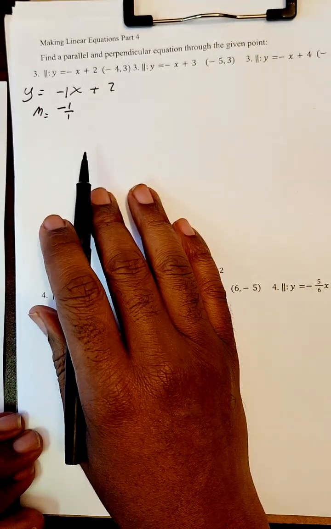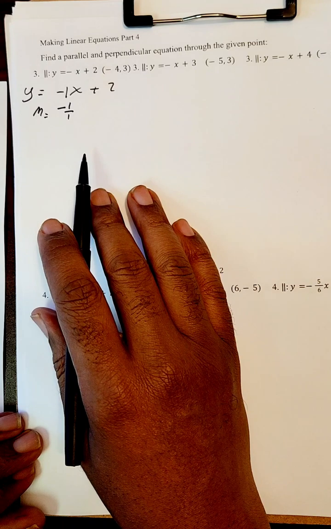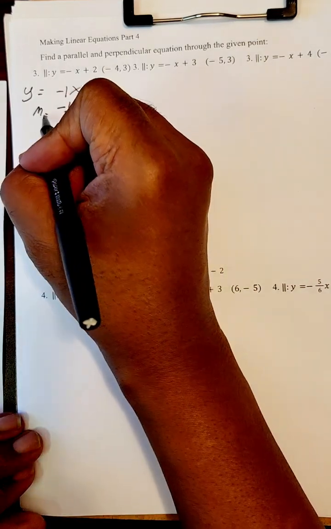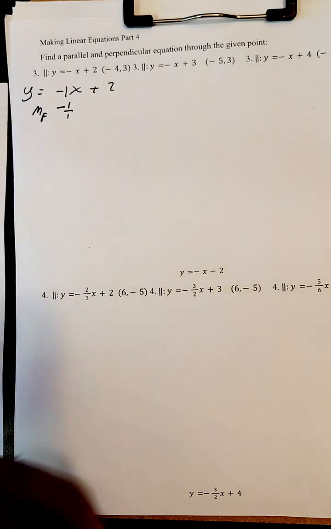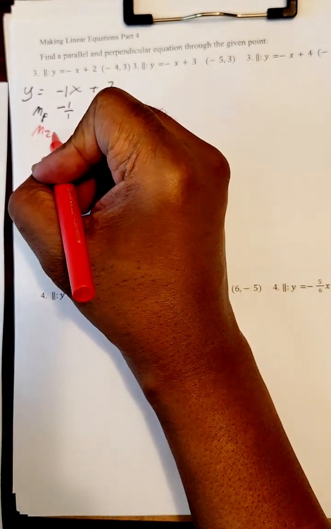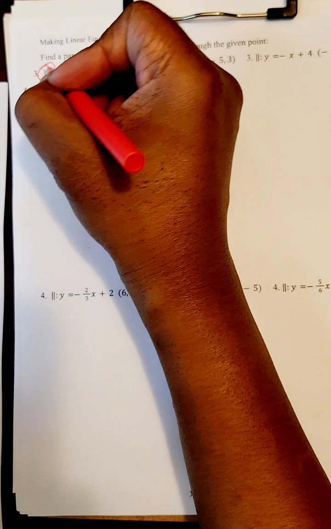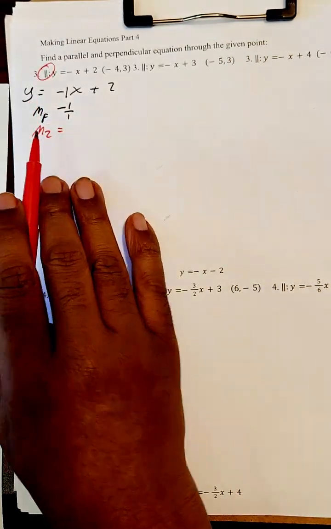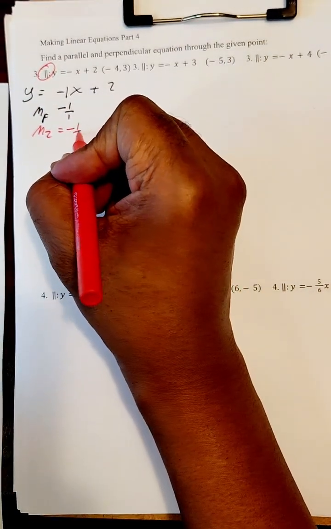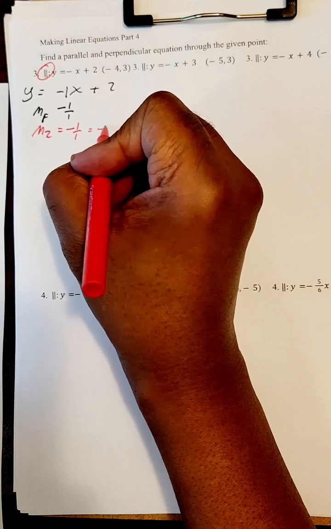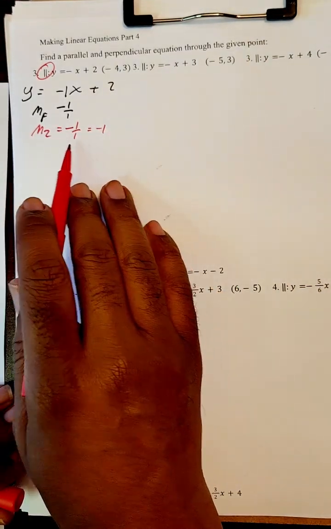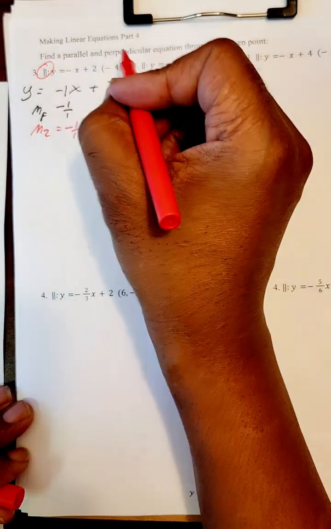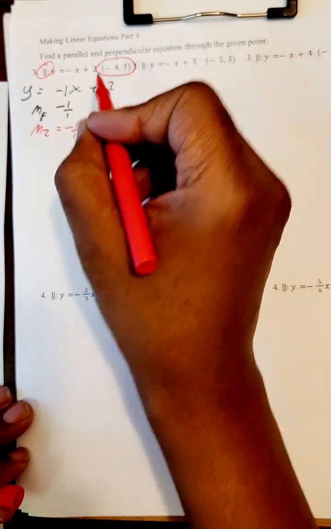That's our current slope, slope number 1. The slope that we want to use, we'll call that m2, has to be parallel. So a parallel slope would also be negative 1 over 1, or we can just use negative 1. So our parallel slope is going to be negative 1, and we want to go through the point negative 4, 3.